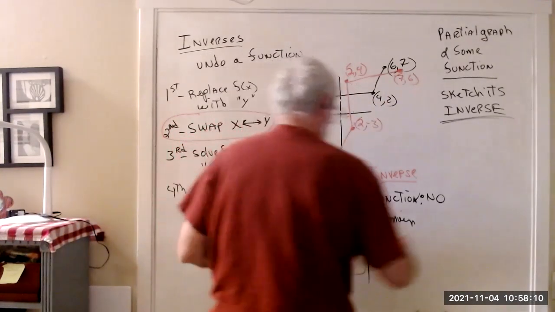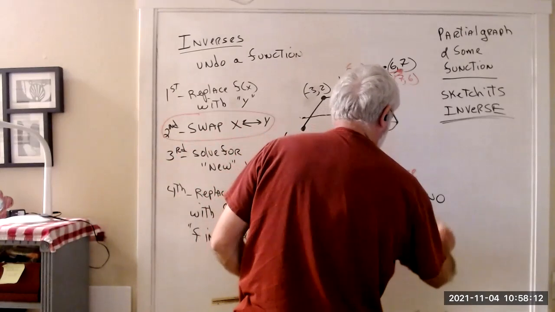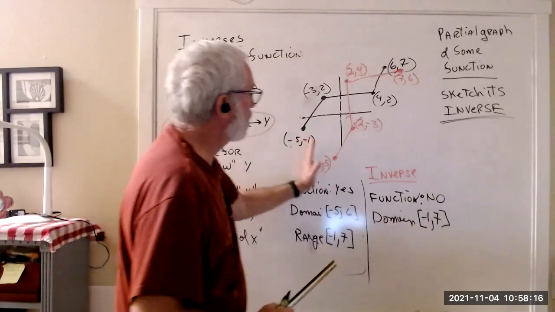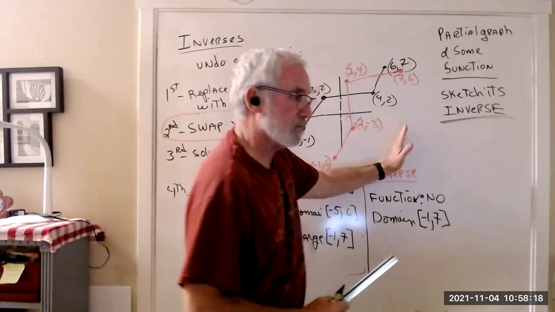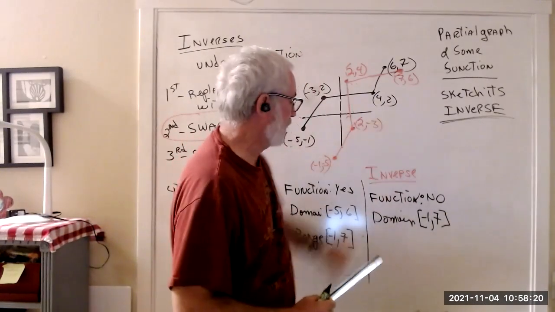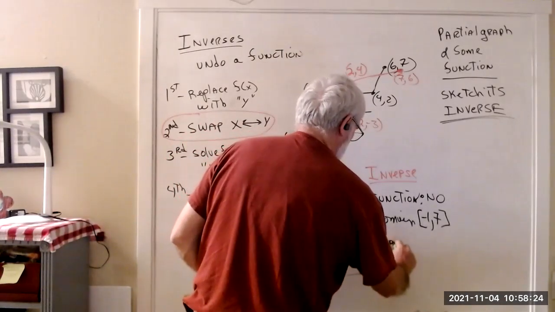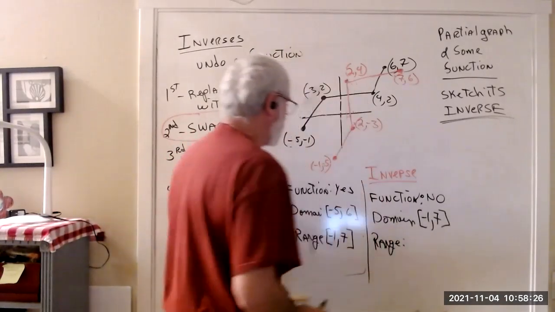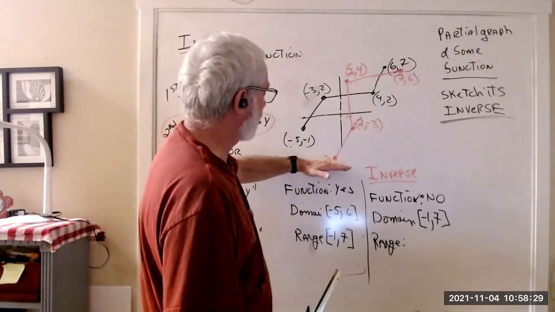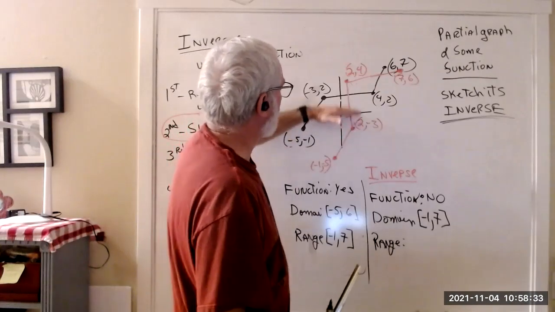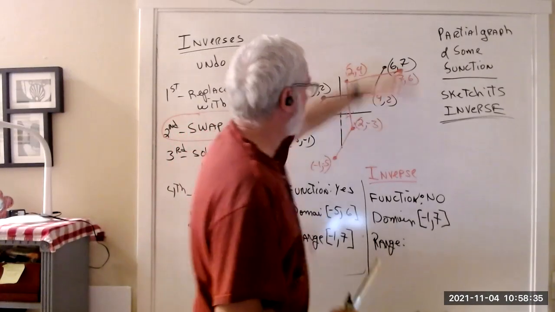So domain: -1 over to 7. Okay, range. Range is the y values. They go from -5 up to 6.